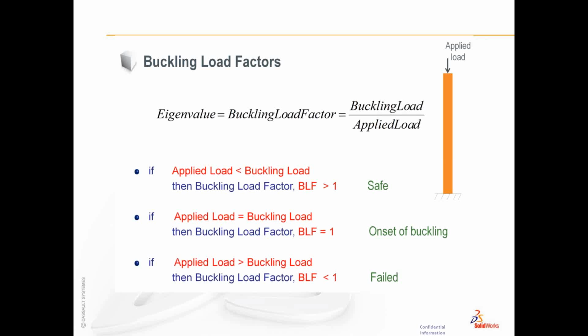Of course, I'm sorry, I read the slide wrong. It said over 1, it's safe. Equals 1 is the onset of buckling, so that I would consider not safe, right? And then a buckling load factor under 1 means that the load that's applied has already exceeded the load necessary to cause buckling. So the structure is going to assume its first buckling load. It's going to collapse in a somewhat predictable manner.